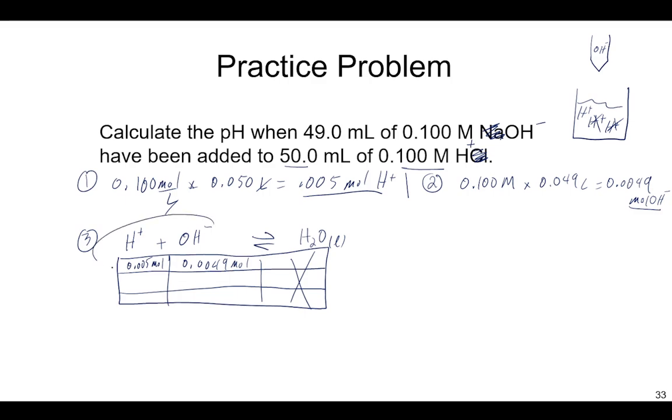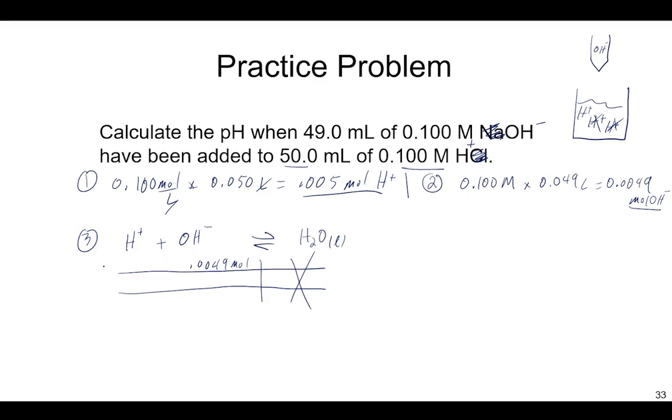So in a titration, one of these things on the left side is going to be completely used up and neutralized. All right, so you just have to realize that the lesser of the two numbers in the initial column is going to go completely to zero. That's what acids and bases do. They neutralize one another.